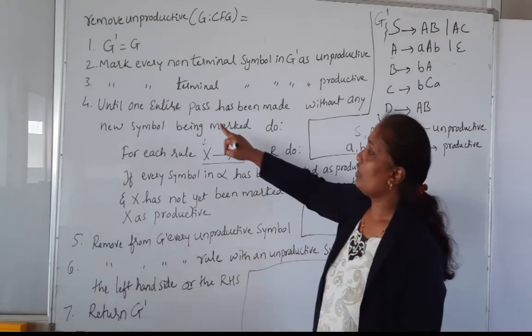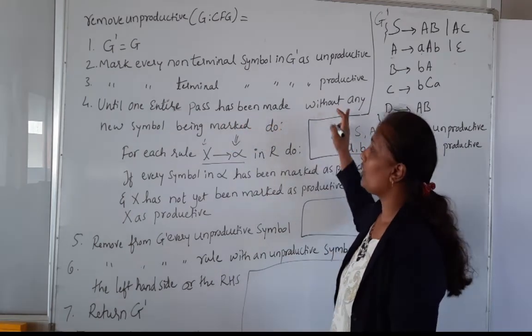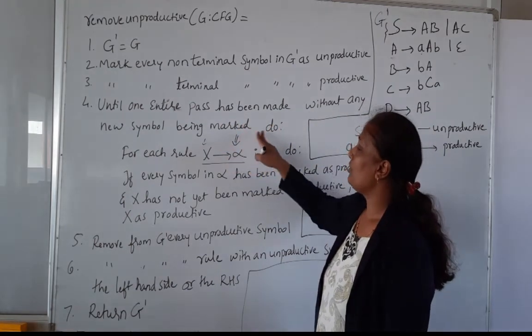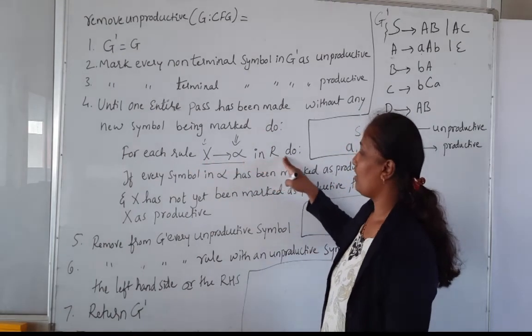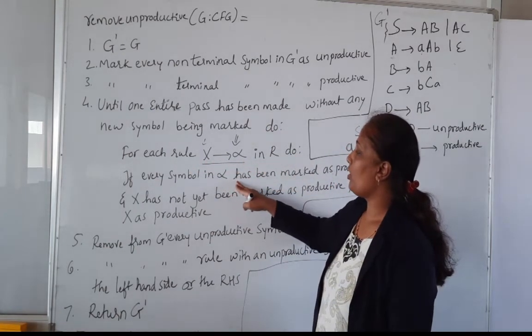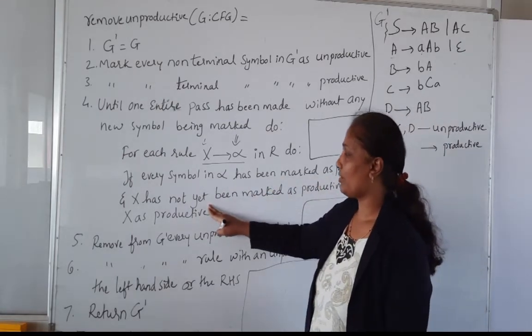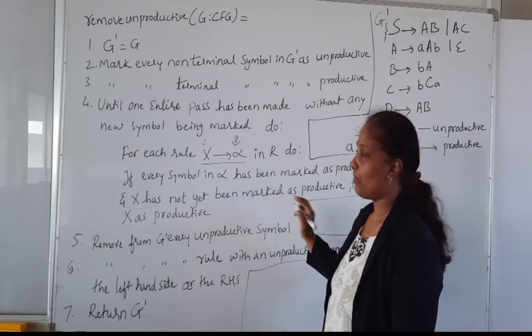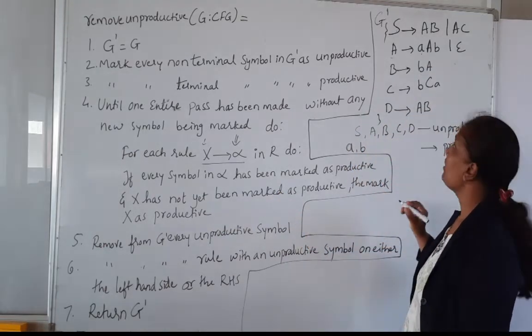Next, you are going to apply the fourth step. Until one entire pass has been made without any new symbol being marked, do: for each rule X produces alpha in R, if every symbol in the alpha has been marked as productive, mark X as productive if it has not yet been marked. So I have to check all these rules here.